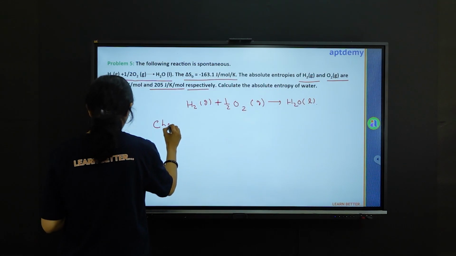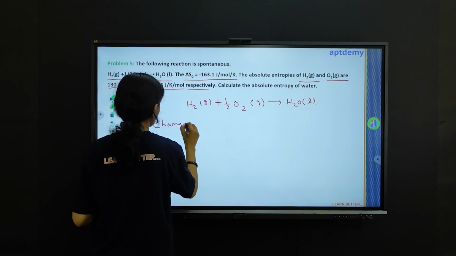So what can we write for the change in standard entropy?